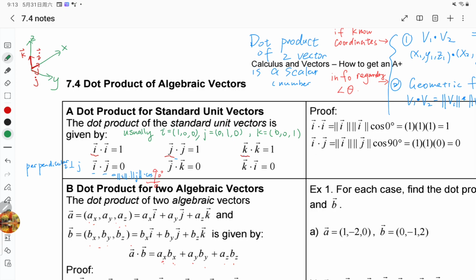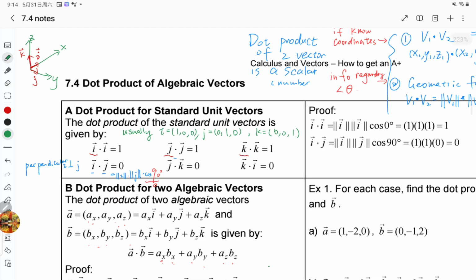And because the coordinate vectors, we assume that they are orthogonal to each other, meaning perpendicular, like their angles are 90 degrees to each other, that's why I inner product with J is 0, J inner product with K is 0, K inner product with I is 0, right?